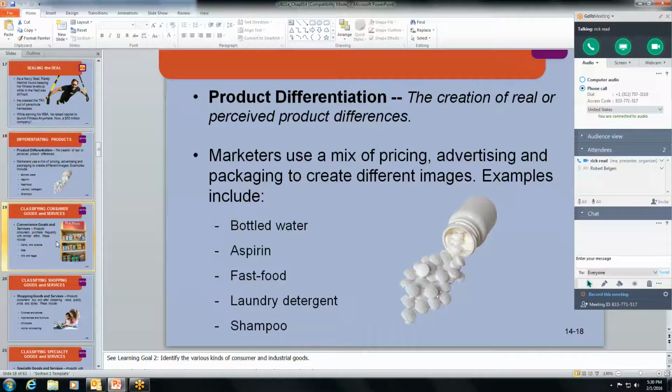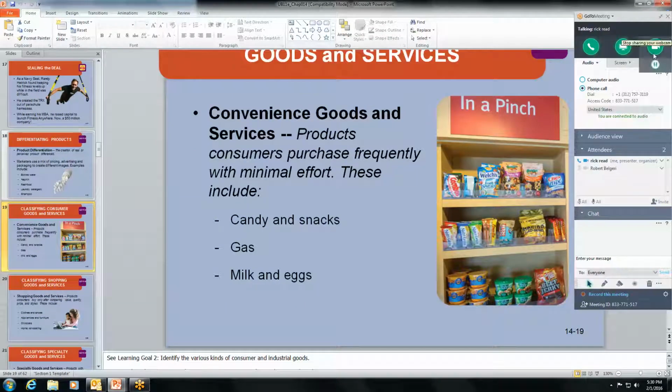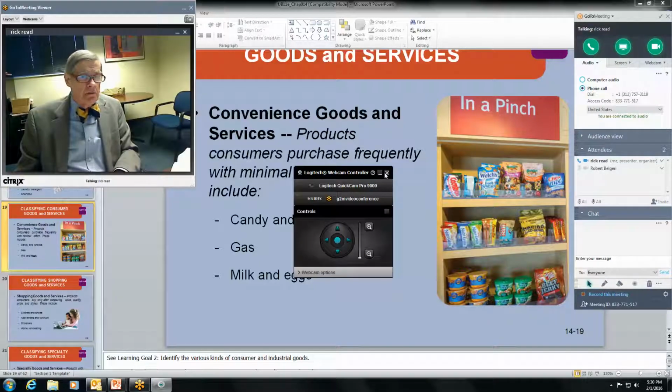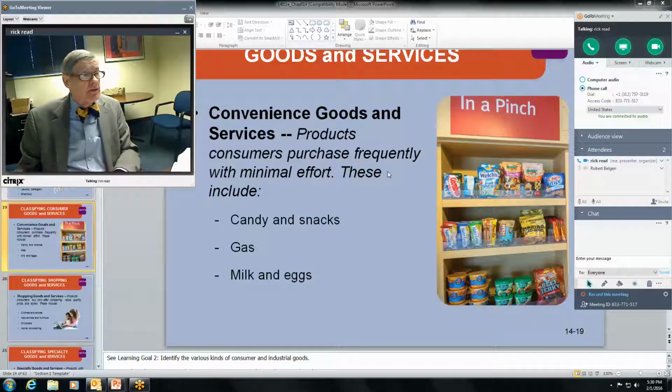It's very difficult. Now we're going to talk about 4 classes of goods and services. And the first we're going to come to is convenience goods and services. I mentioned some of this not too long ago. And these are things that you can find virtually any place you go. You can find milk at a convenience store.